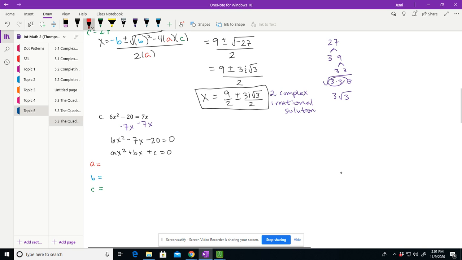Okay, let's see how your problem went. A is going to be 6, B is going to be negative 7, C is going to be negative 20.